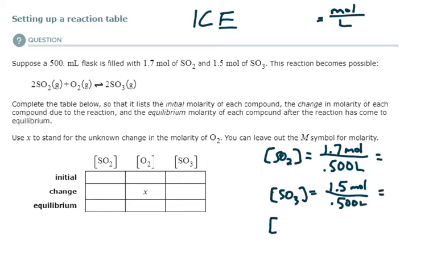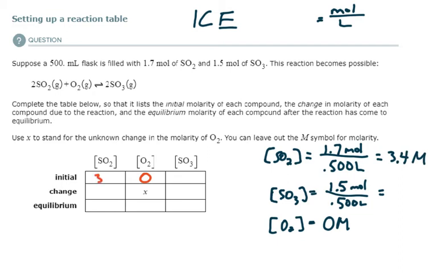And the initial concentration of oxygen is going to be equal to 0. How do I know 0? Because it says to start with, we only have sulfur dioxide and sulfur trioxide. That's it. No oxygen. Okay? So the initial concentration of oxygen is a big fat 0. Let's determine the initial concentration of SO2. 1.7 divided by 0.5 gives me 3.4 molar.